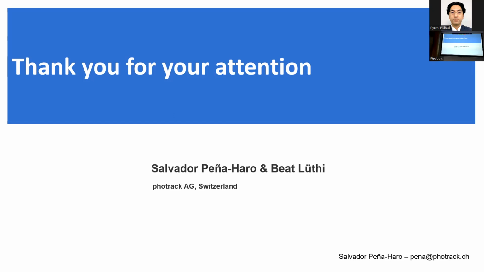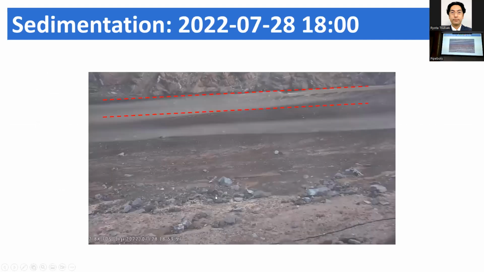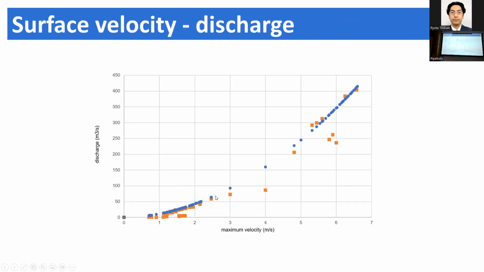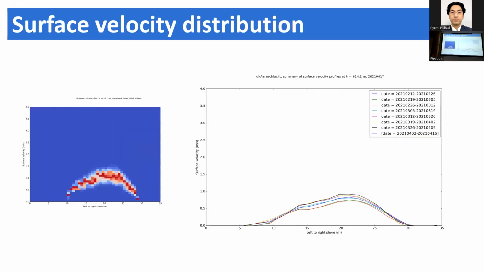You analyzed the surface velocities for the same height and compared them. Can you go back to that one? I was wondering if these variations can be due to the cross section, but maybe also due to the optical measurement itself.